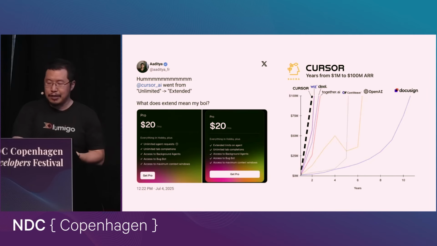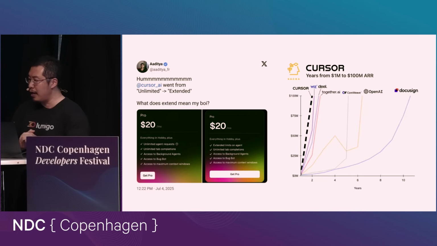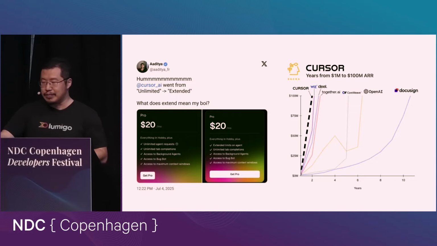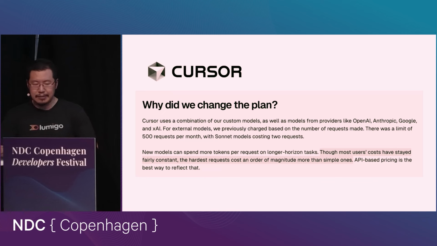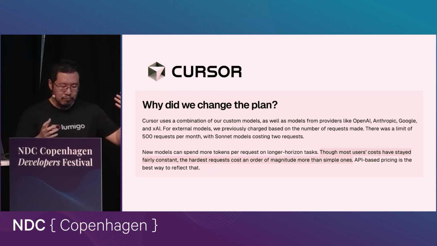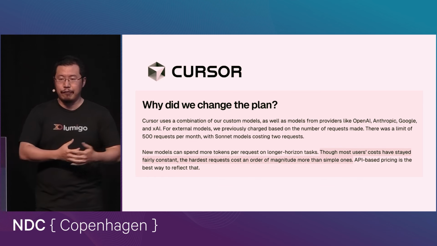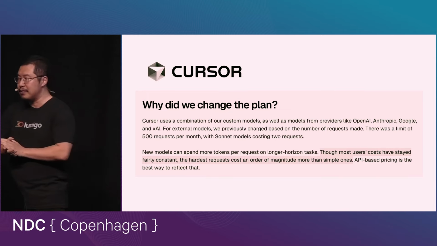And even companies like Cursor, which is the fastest company to hit 100 million ARR, even they had to raise their prices recently, and they gave the reason that oftentimes customers who have large pull requests can use up a disproportionate amount of usage, and of course, those calls to LLMs are still quite expensive.